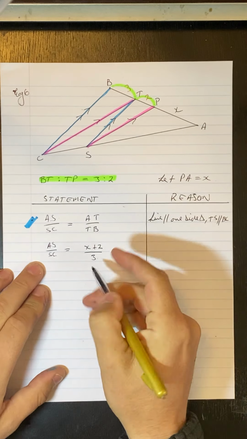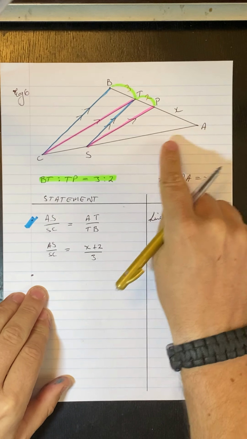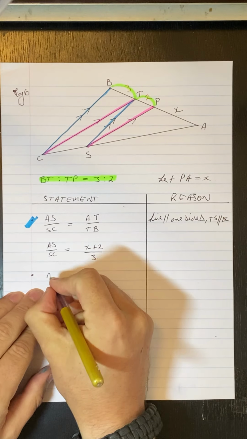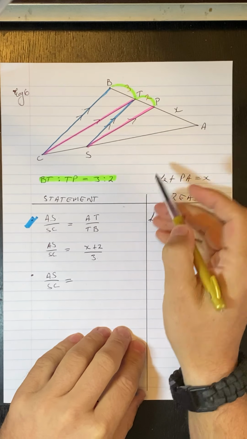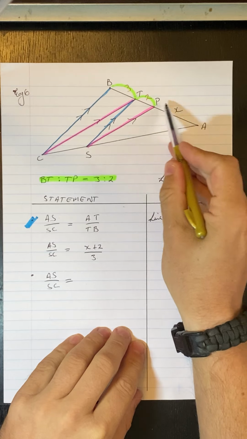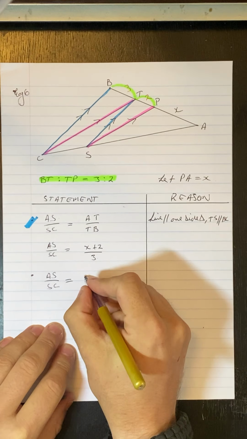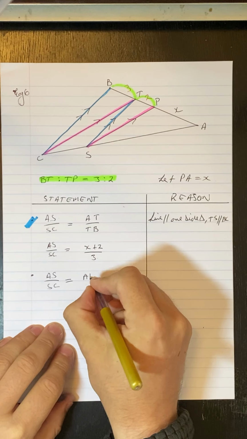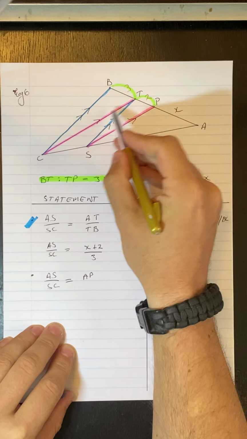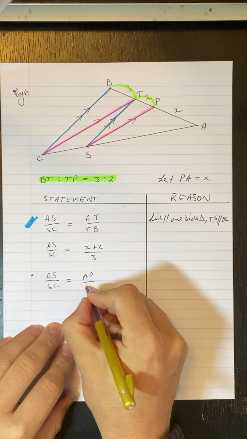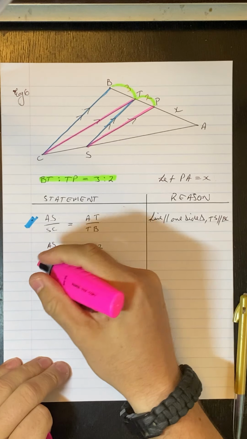Now what I'm going to do is work with the red one. And again, we know that AS to SC would be equal to, now if we use the red one, it's going to be AP to PB. Oh sorry, not to PB, to PT, just up to the red ones, up to PT. Okay, so this is the red one.